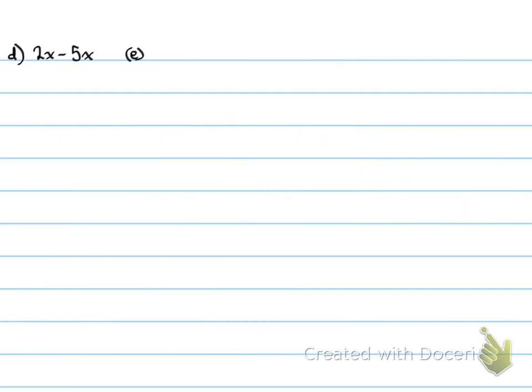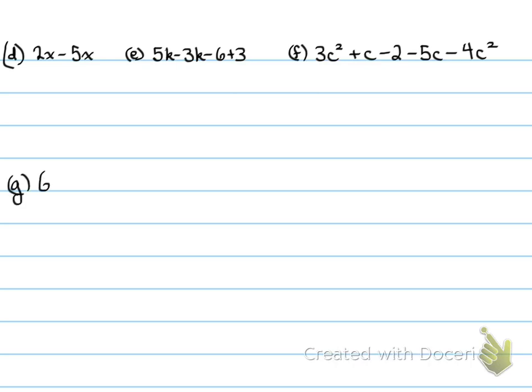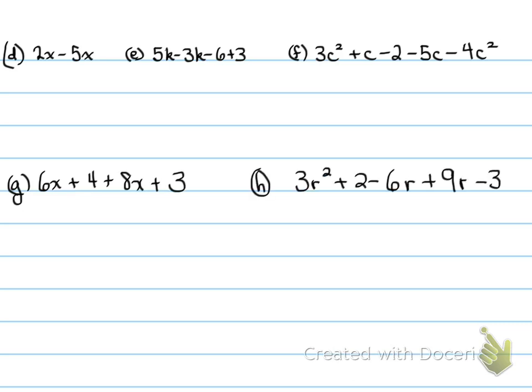2x minus 5x. 5k minus 3k minus 6 plus 3. 3c squared plus c minus 2 minus 5c minus 4c squared. Seems confusing, folks, but it really isn't. Let's look at a few more. 6x plus 4 plus 8x plus 3, and 3r squared plus 2 minus 6r plus 9r minus 3r squared.